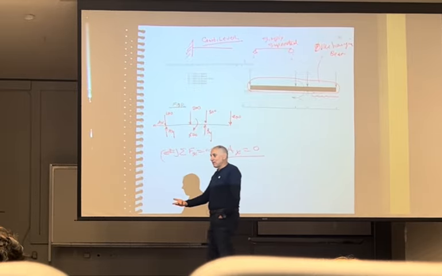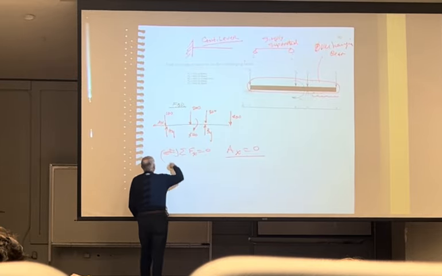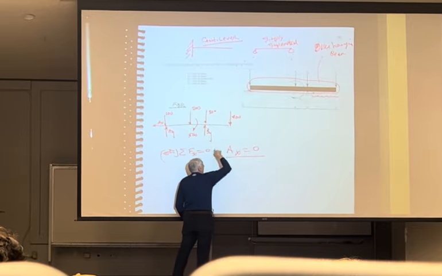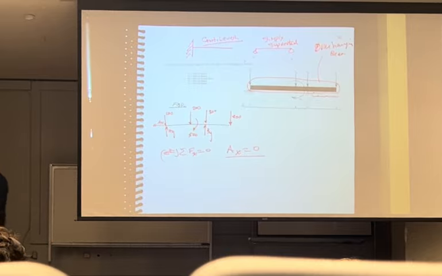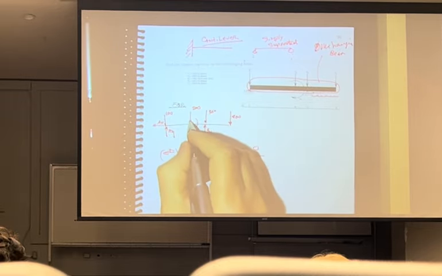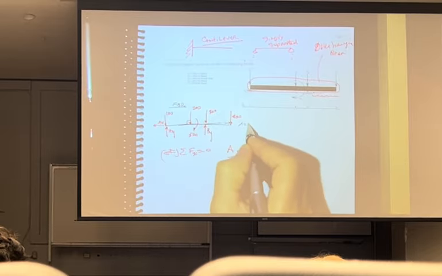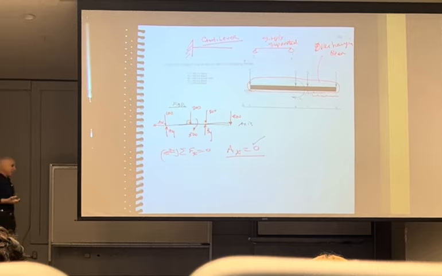That is not the purpose of a beam. Beams are efficient at carrying transverse loads perpendicular to their axis. That's the function of a beam. So to see AX equals 0, I ain't shocked.